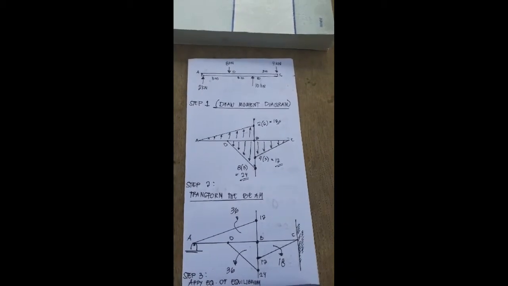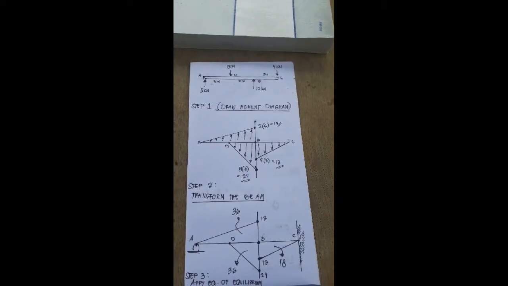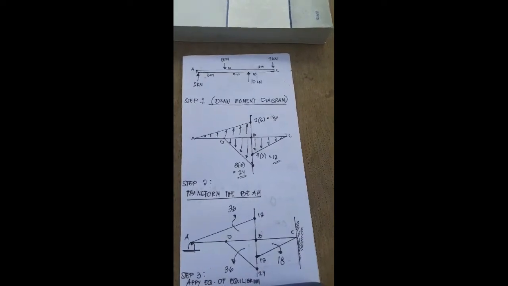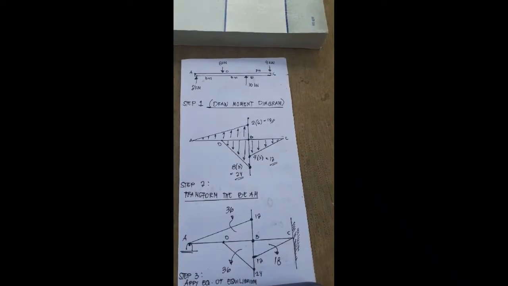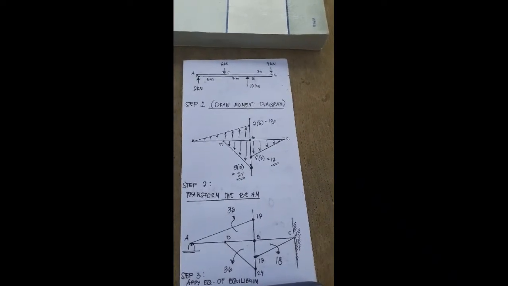So mo-rotate na siya. 8 times the span niya from D to B. So 8 times 3 is equal to 24. So ang 4 kilonewton mo-rotate. Then from C to B, so 4 times 3 is equal to 12.